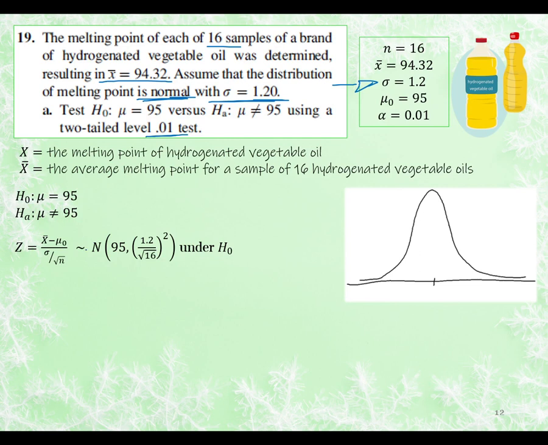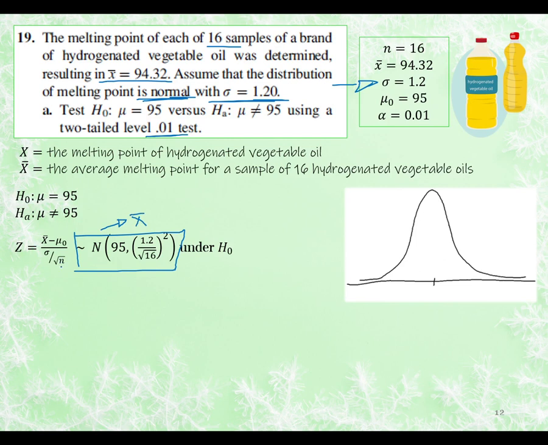Sorry, this is the distribution that I wrote here for X bar. This is not for Z. Let's just correct that. So this is then the distribution of X bar, not of Z.